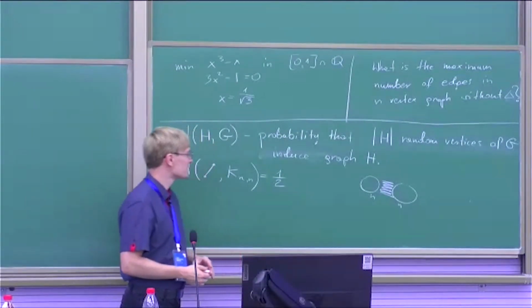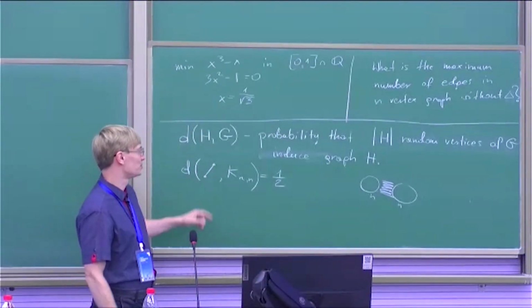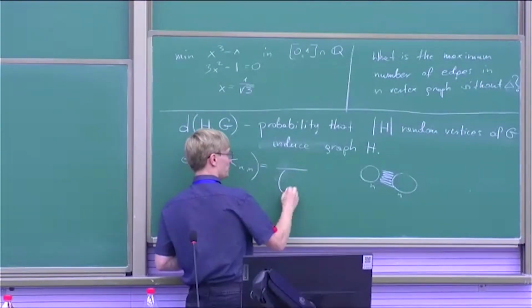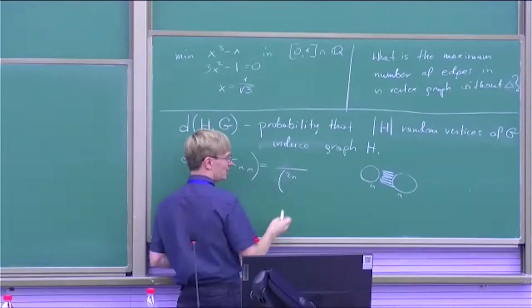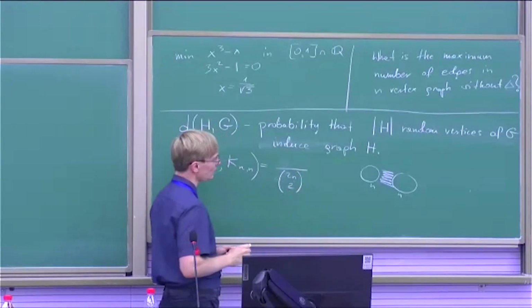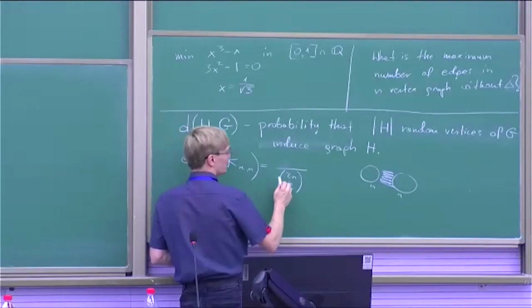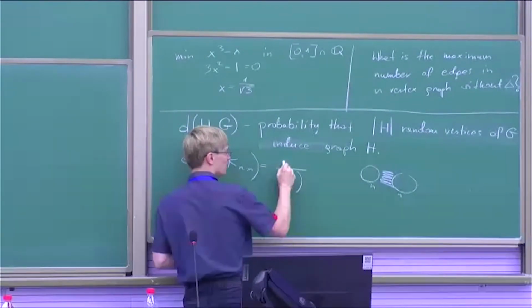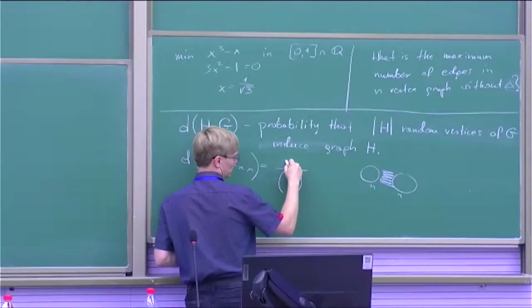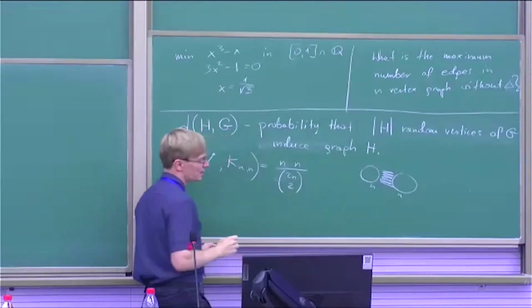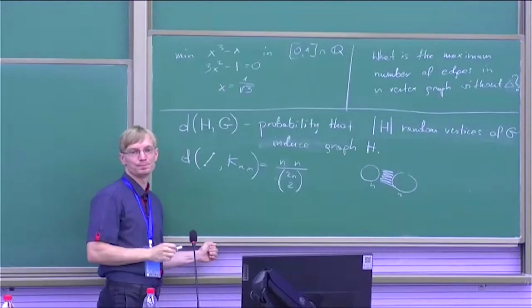To be more precise, I could take out of 2n vertices, I need to pick 2. And what are the good options for me? I need to have one vertex in the left part and one vertex in the right part.